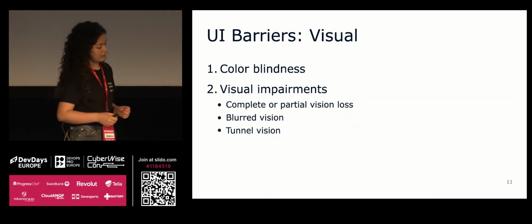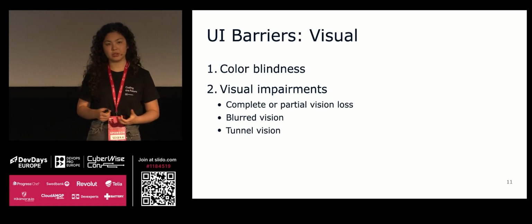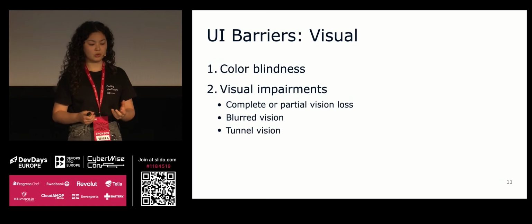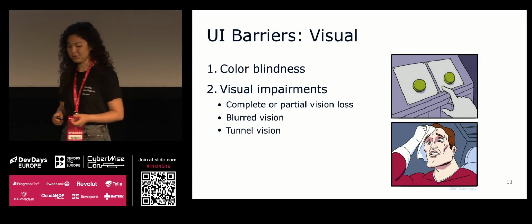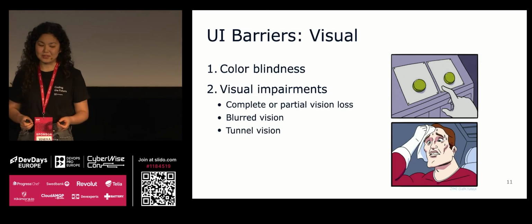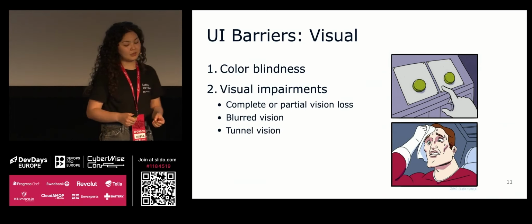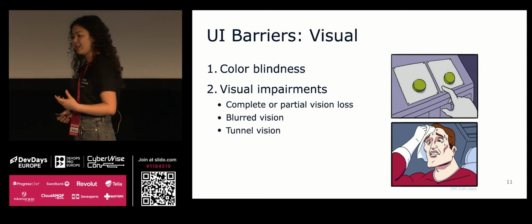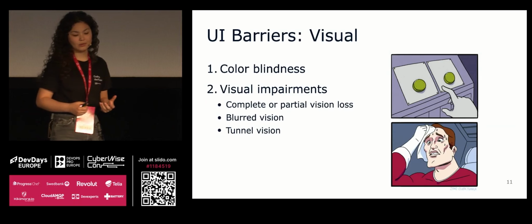Users with color blindness can have difficulties distinguishing between certain colors, making it hard for them to understand color-coded information, especially if the colors have no description. And users with visual impairments such as blurred vision can have difficulty seeing details clearly. These kinds of visual issues are actually the easiest to solve.